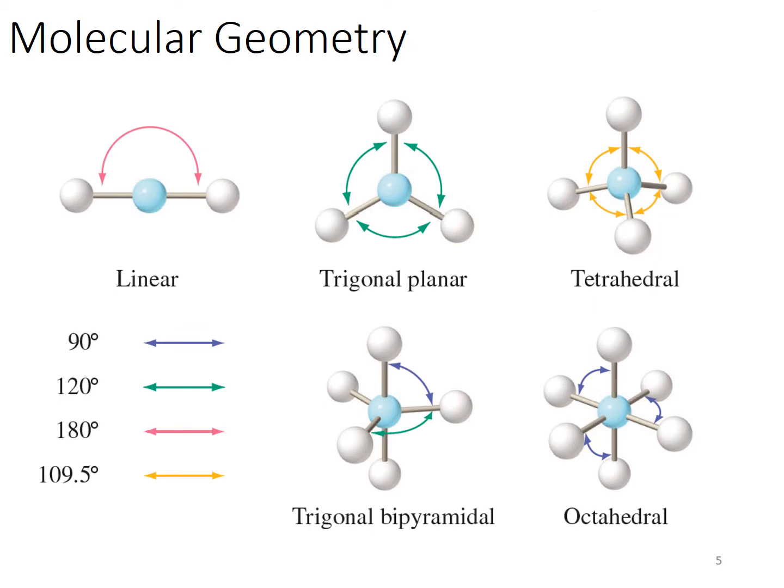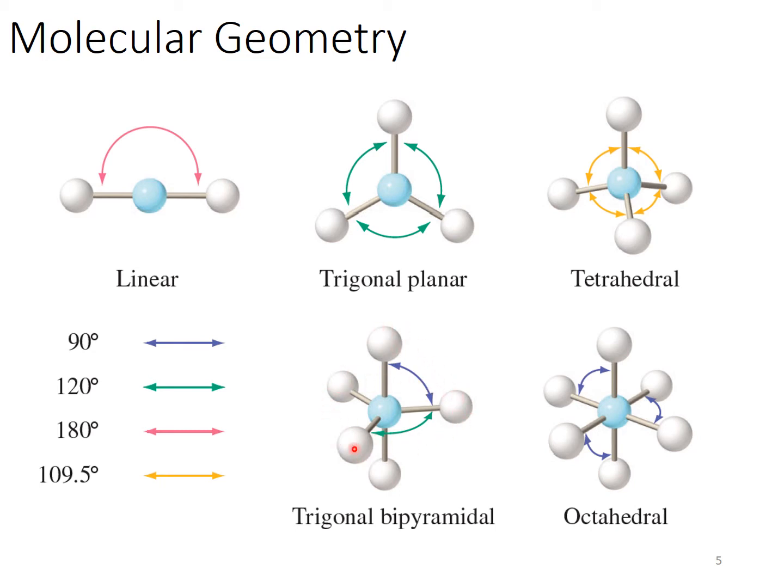This is what I just mentioned in terms of the ideal bond angles. We have linear, which is 180, trigonal planar, which is all 120 degrees, tetrahedral, which is 109.5 degrees ideally. Trigonal bipyramidal has 2 different bond angles associated with it. You have the top and the bottom one here, which are 90 degrees from these.